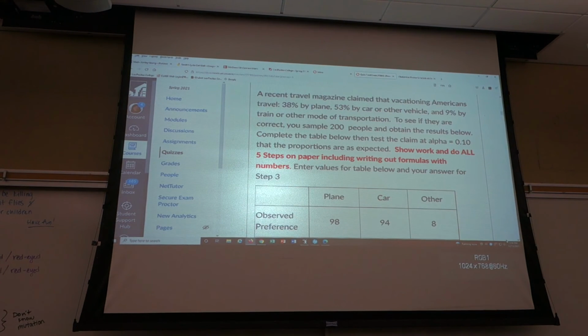So you have almost everything you need. You have that N is 200, and my alpha is 10%. And you're testing that the proportions are as expected. So everybody work on that one.